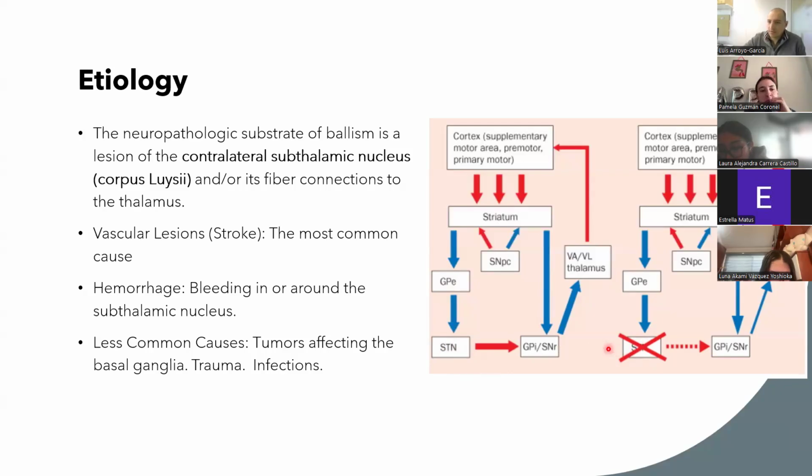Yes, maybe not the same, but yes, if it's inhibiting the STN, or the normal pathway's inhibition of the STN, how could it excite the GPI?